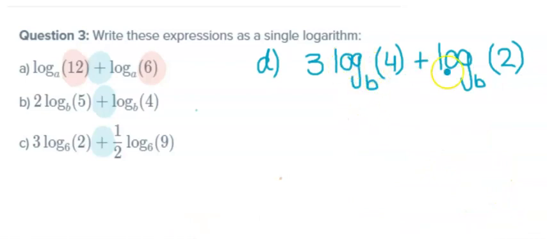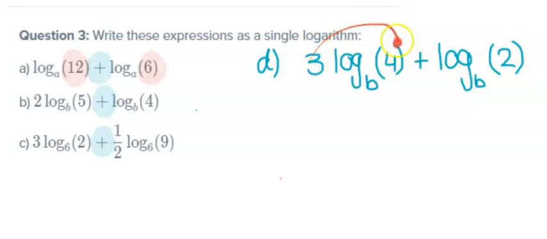Now imagine this is the question, and they are asking you to write it as a single log. First we need to have a look at this and this. The base is the same. We don't care about anything else. Then you see that one has a 3 there. According to the rule, if the 3 is here, it can also jump on top, and if it's up there, it can come down. So it can work vice versa as well.